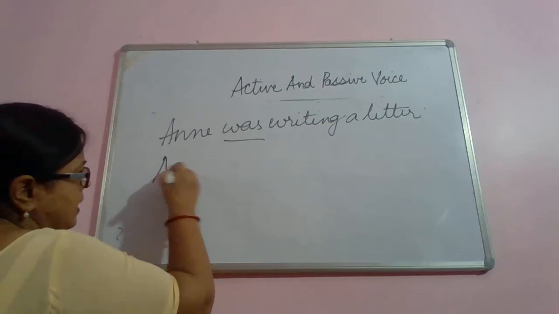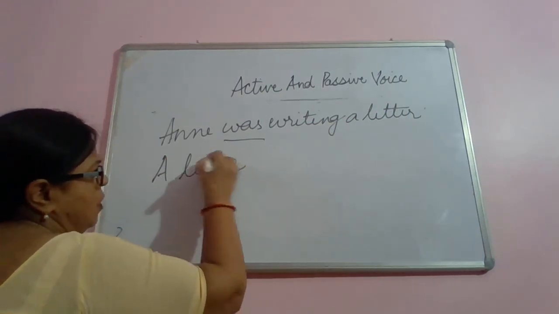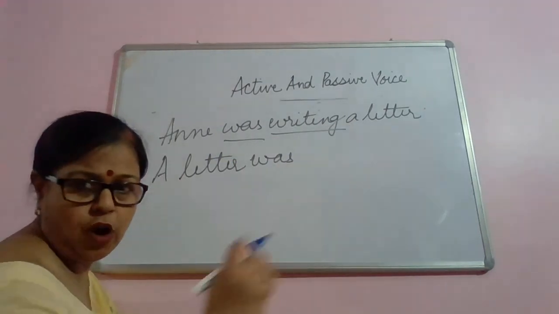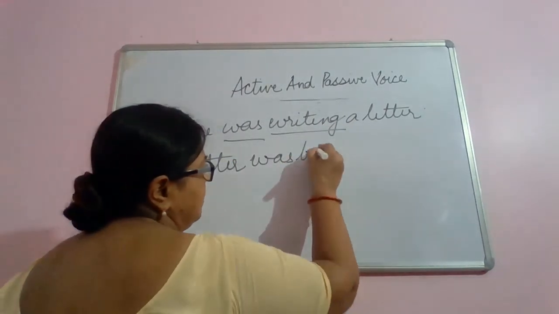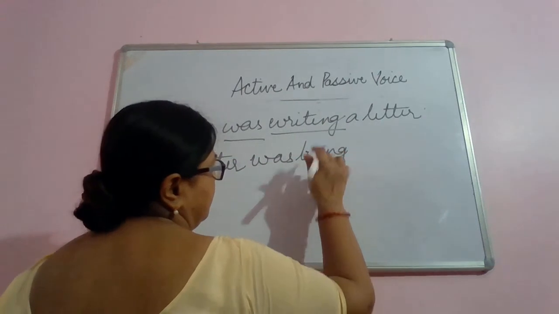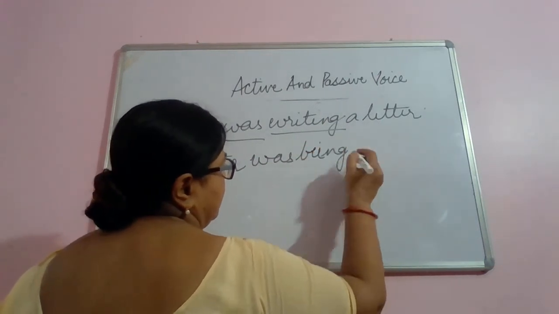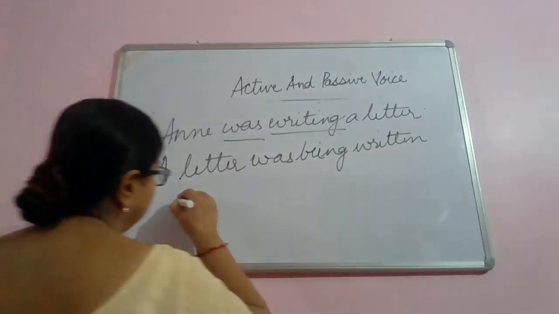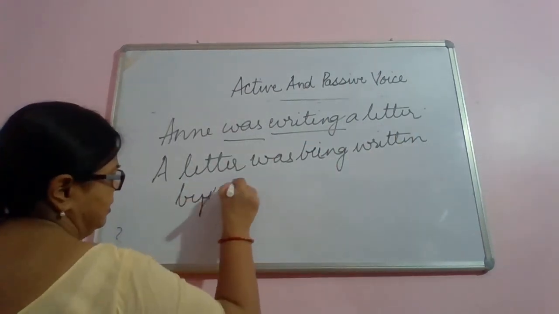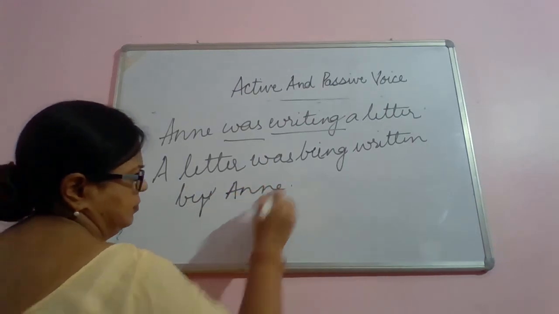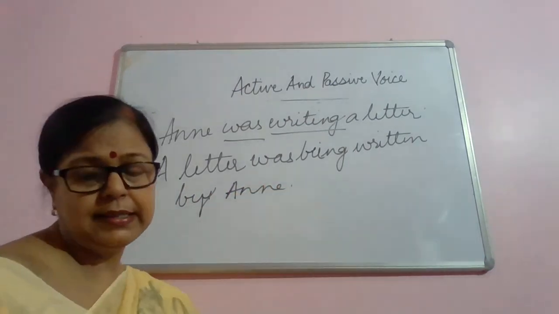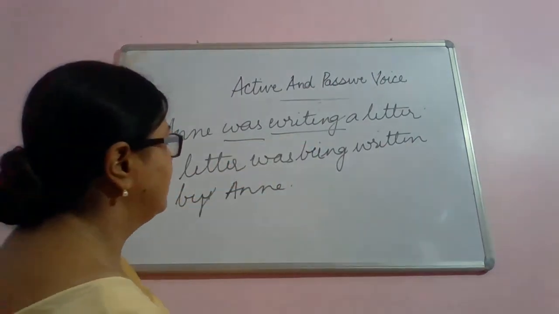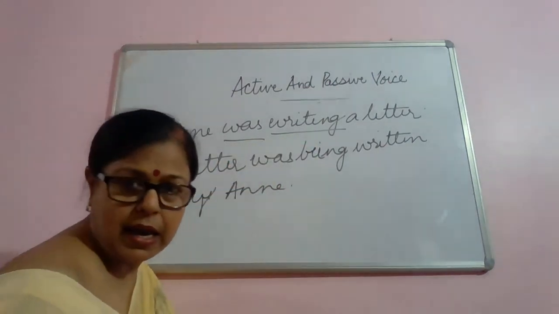So a letter was, writing is a continuous form, was being written by Anna. Very simple it is. Now when you understand, it will become very simple for you. Anna was writing a letter: a letter was being written by Anna.